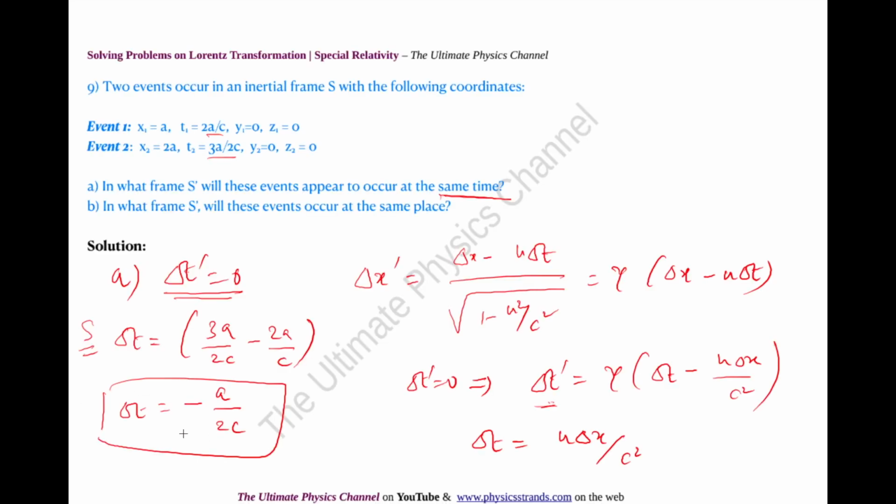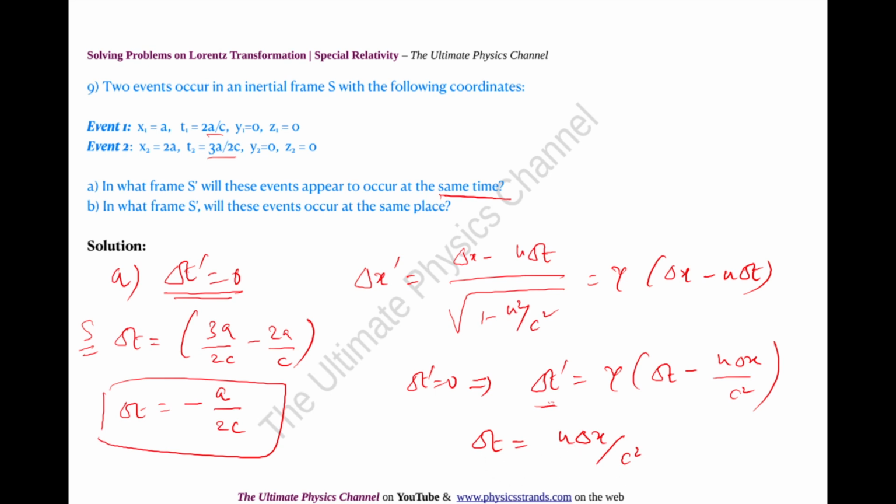So I can use that now and solve it. From that I can write u as del t c squared over del x, which is equal to del t we have calculated as minus a over 2c, and then c squared, because in the previous page, del t is minus a over 2c.